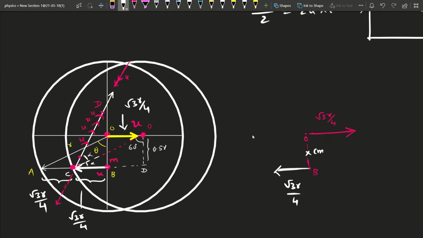After collision at the point C, the particle is reflected like this, and the collision is perfectly elastic. And whenever the particle is moving like this, the center O of the ring will also move like this. You can see they are equal only. They will definitely travel equal lengths once again.